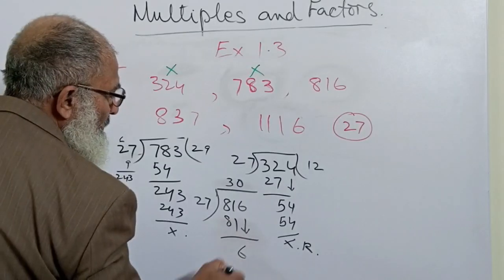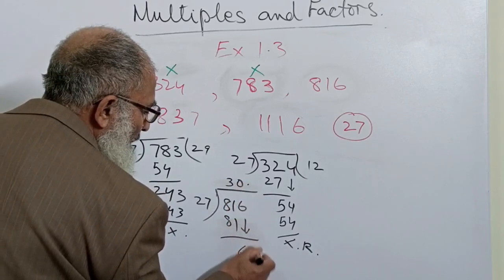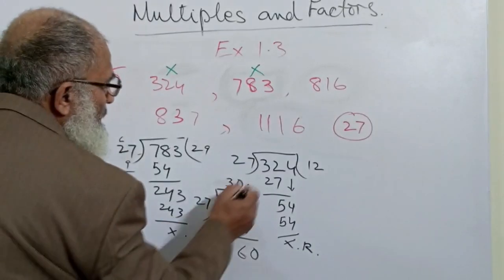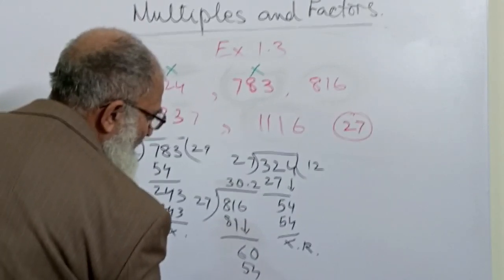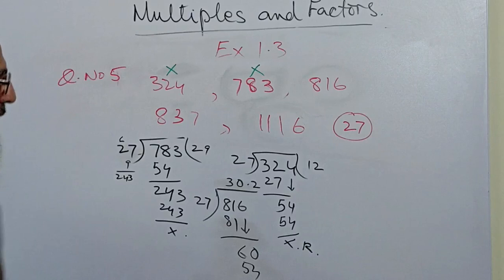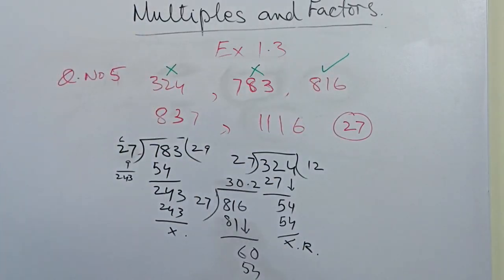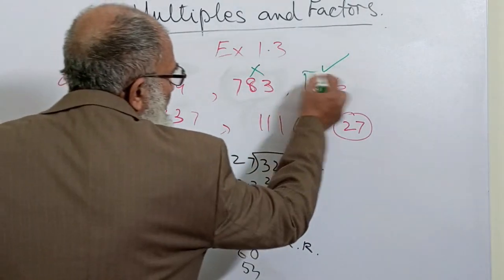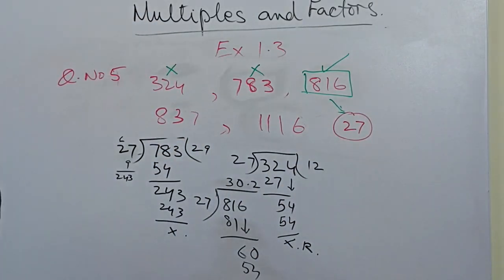Therefore we put 0, and then we put a point over here to get 0 from this. So it goes at 54. So you see that is a never ending story, and never ending stories are called recurring decimals. So anyway, it does qualify. Now this number is not a multiple of 27.